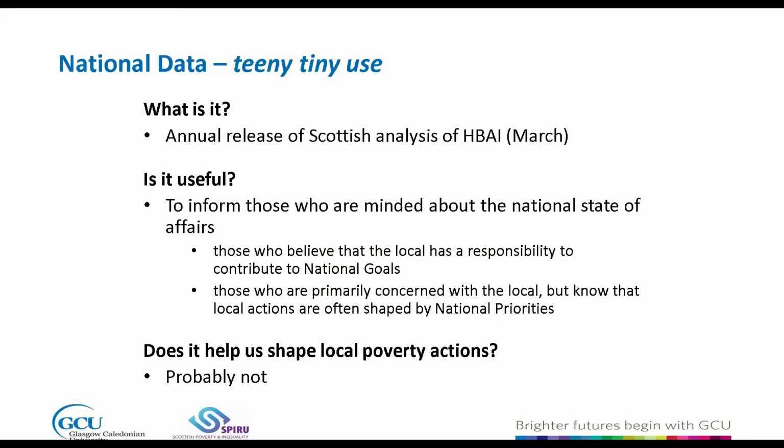You know, if we have people in the local areas that believe their responsibility is to contribute to these national goals, or if we flip that on its head, or for those that locally are primarily concerned with local issues, but they need to know how these local actions are shaped by local priorities, then it's useful for us to understand these national data, not the local data, the national data. But what it doesn't do really is help us shape local poverty actions. It just gives us a sense of that big picture. If we move on.